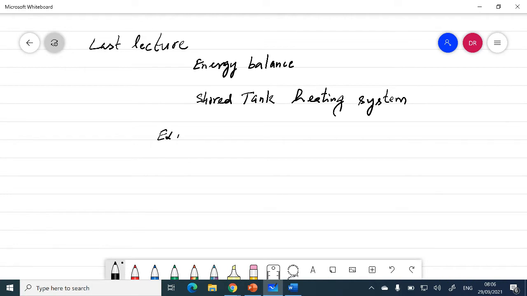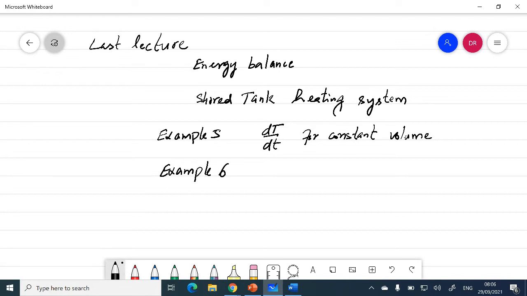We solved example 5, developing a dynamic model for temperature, where the volume was constant. For constant volume we derived this dynamic model, and then we solved another example, example 6.